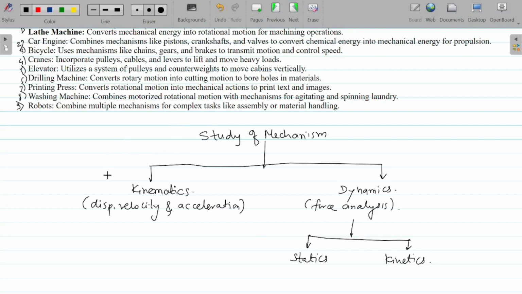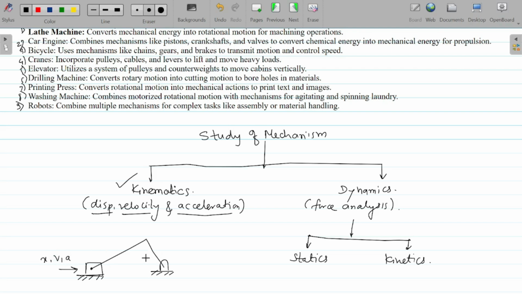In our current syllabus we are mostly focusing on the kinematics of mechanism. That means we are largely studying the displacement, velocity and acceleration of a particular point on the mechanism or at the particular end of the mechanism. Suppose we are having slider and crank mechanism. This we are going to analyze in the second unit also. This is my slider and crank mechanism. In this case, what will be the velocity of piston, what will be the displacement of the piston, and what will be the acceleration of piston, that I have to find out.